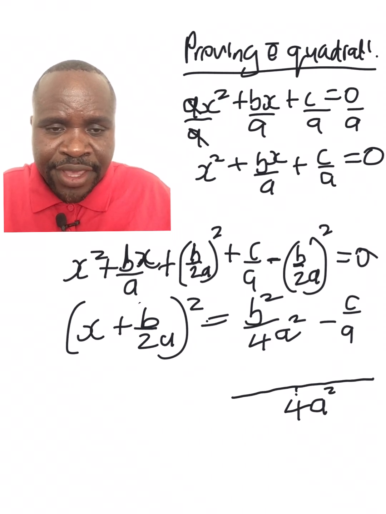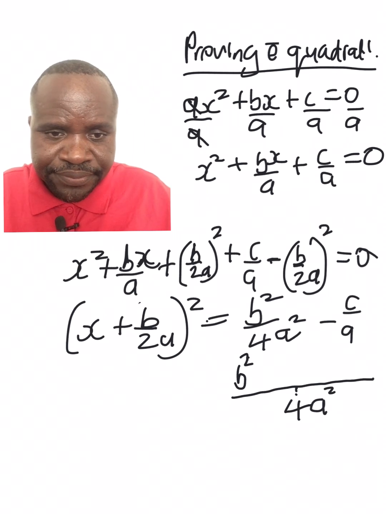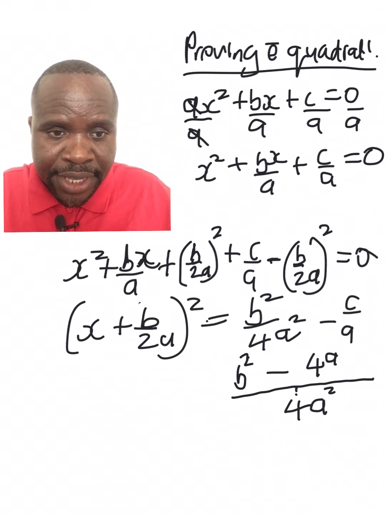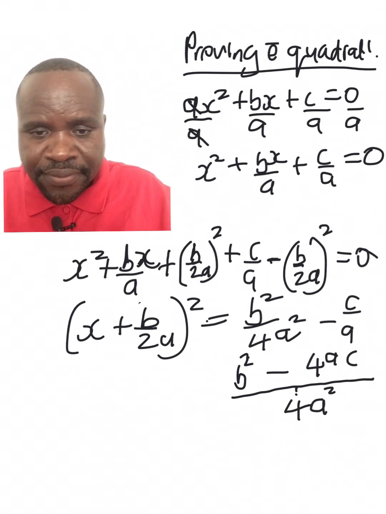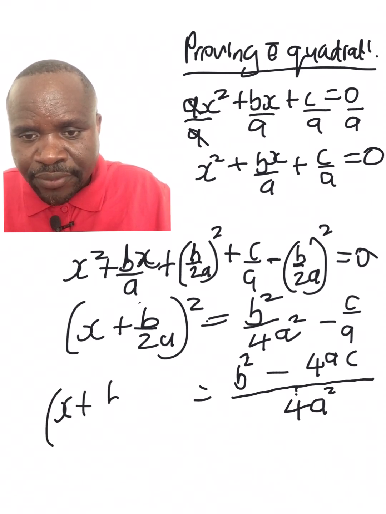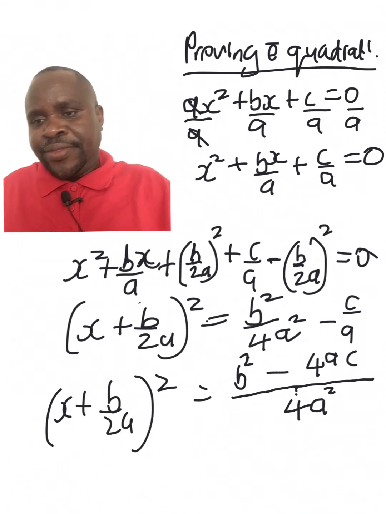You see 4 there, so we end up having b squared there, minus a there, we end up having 4ac. So we have something like this now, b over 2a squared.